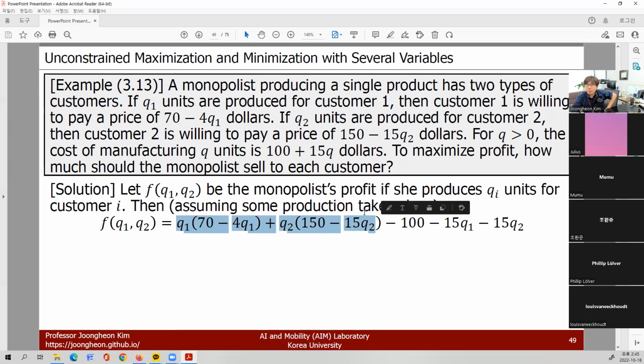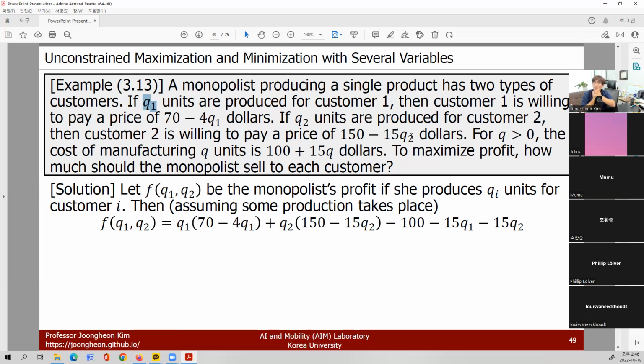And then for Q larger than 0, the cost of manufacturing Q is 10 plus 15 Q, and Q will be Q sub 1 plus Q sub 2, because you have the entire Q, and among this given Q, some of them will be Q sub 1, some of them will be Q sub 2.